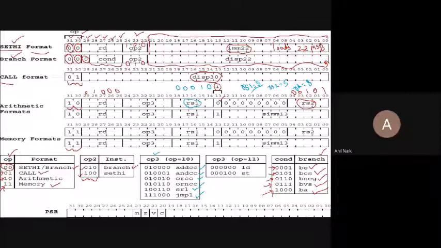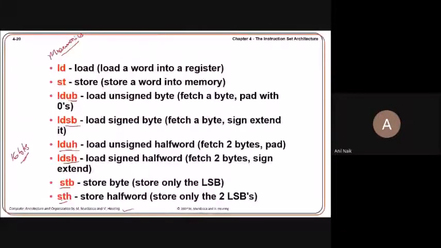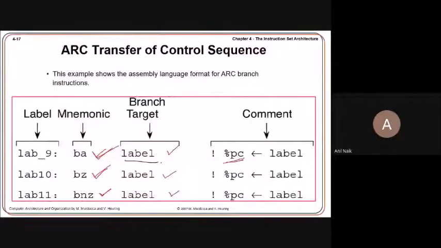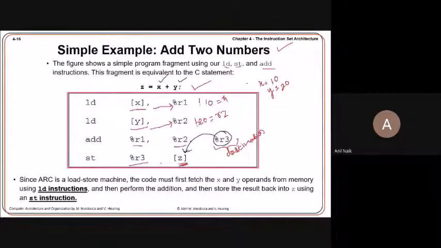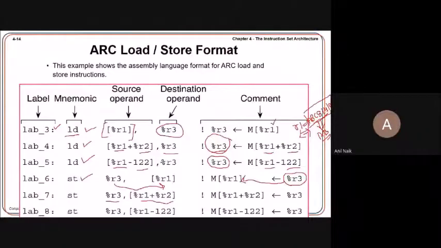If this bit is 1, then we are using one data from register 1 and another is a constant value. IMM13 means it is a constant value. As we discussed in the arithmetic operation in the instructions, I think we discussed that.